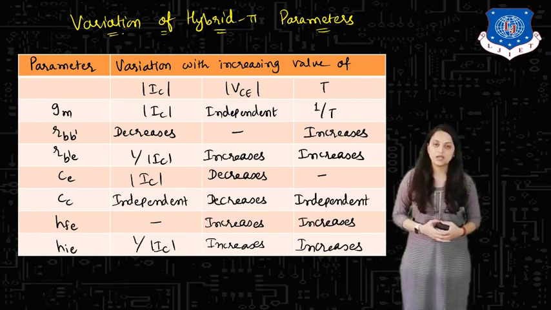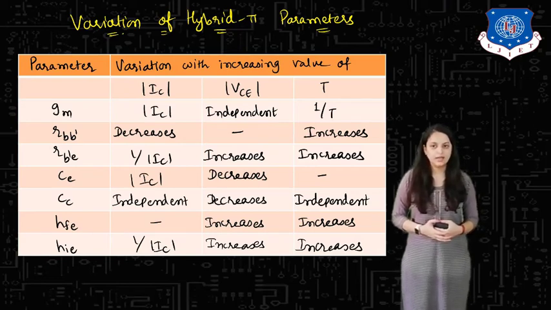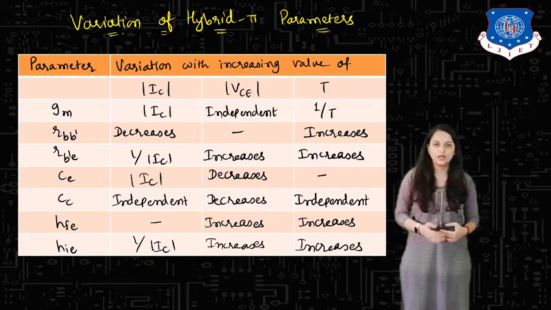Next parameter is HFE. So HFE and IC have no relation. VCE increases, and the effect of HFE on temperature is that it increases. For HIE, 1 by IC is there, that means the relation of HIE and IC is inverse. VCE increases and the temperature also increases.